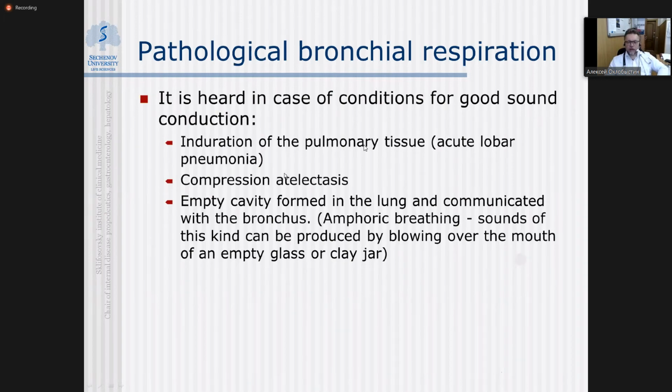Your patient has pneumonia, atelectasis, or some other states associated with increased conduction of the sounds. For instance, it may be seen in thick-walled cavities like a cavern or lung abscess, that may in that case be combined with amphoric breathing.